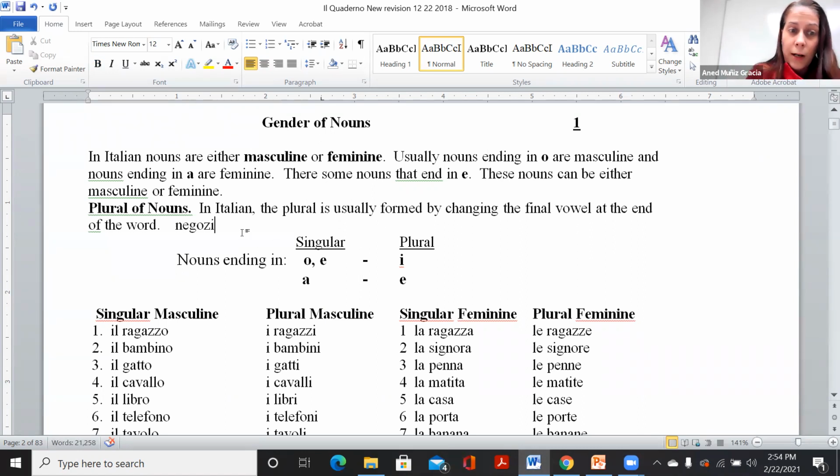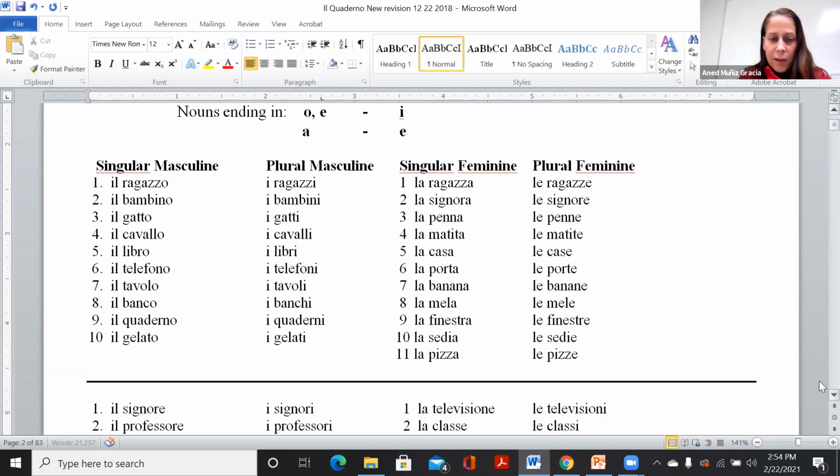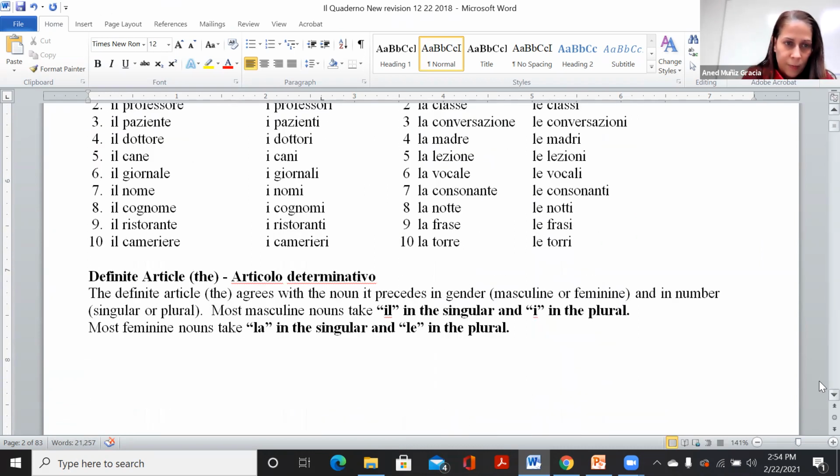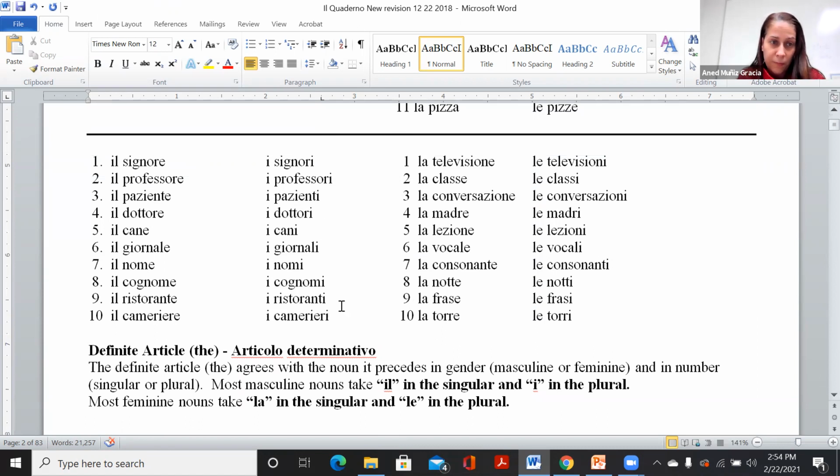You just drop the o and keep that one, negozi. Some exceptions will be monosyllabic words. And you have, again, several examples on page 1, and then examples of ending nouns, both masculine and feminine, and their plurals on the second column.